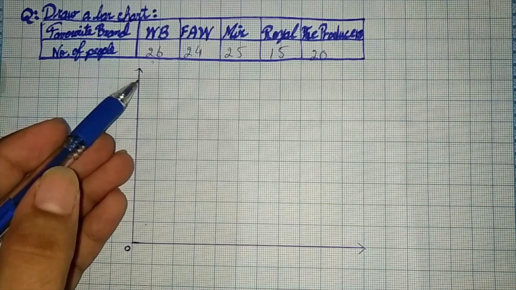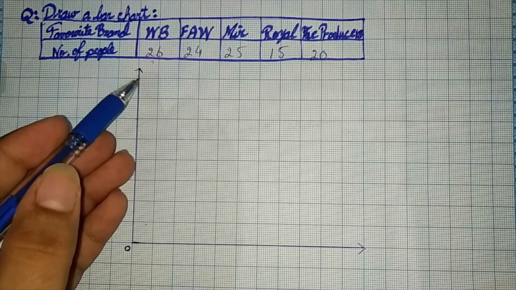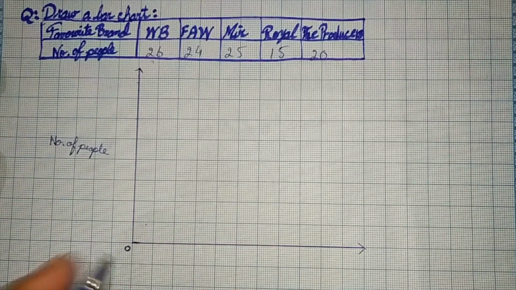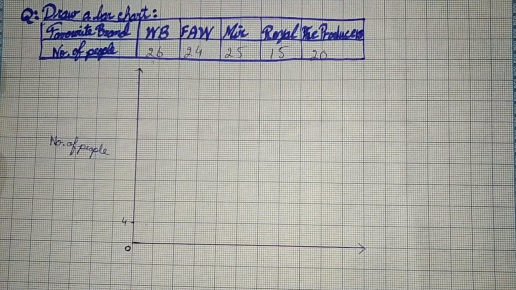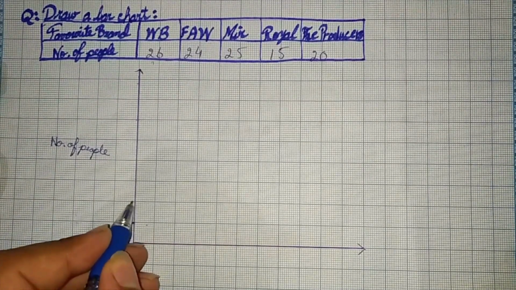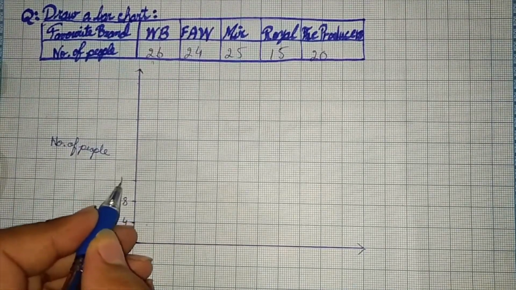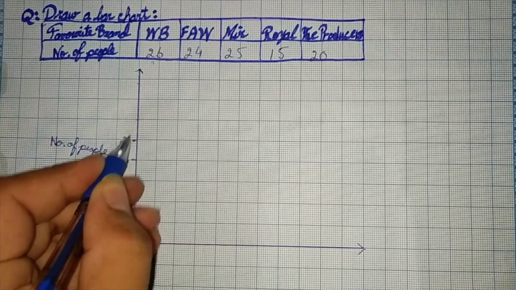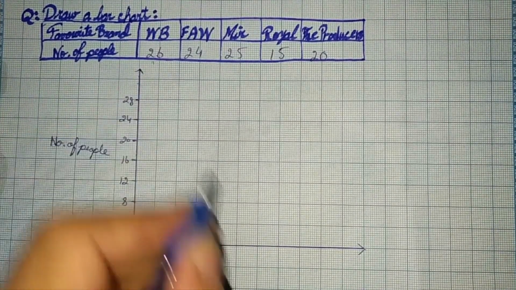So here we have 24. If we make a gap of 3 here, 26 will not fit, so we have to make a gap of 4. So here we have 0, then 4, 8, 12, 16, 20, 24, 28.